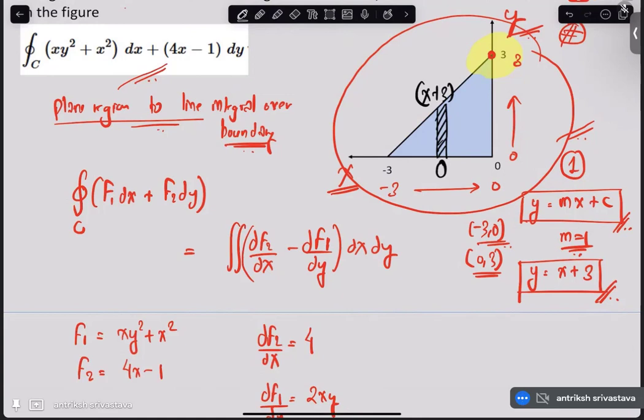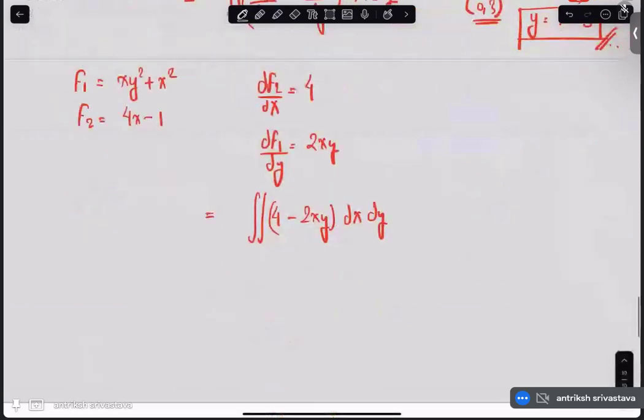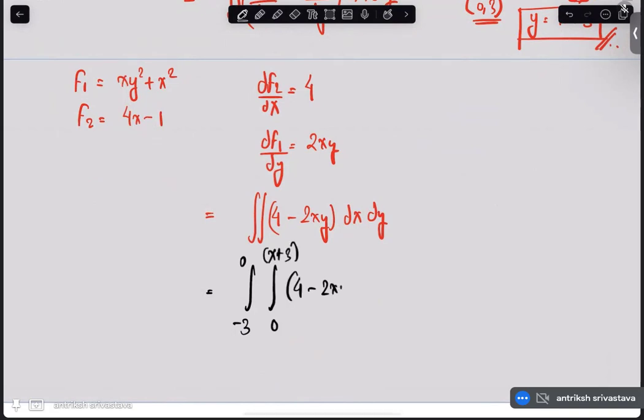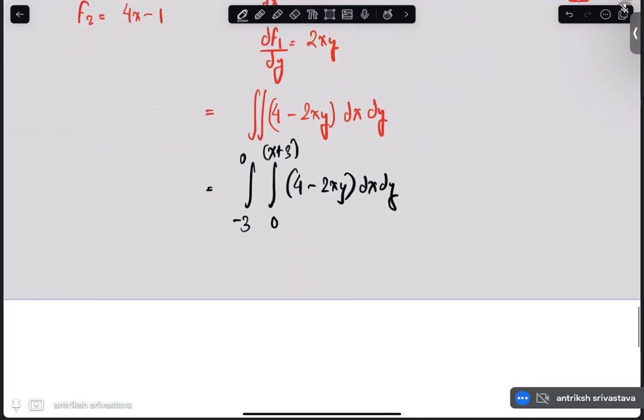And then this will be strip along y, and that strip is moving from x of minus 3 to 0. So this integral will become like this, right? And we can simply solve this.